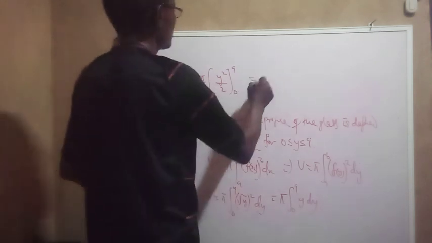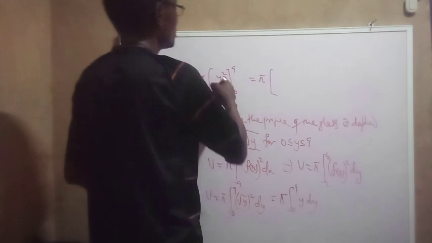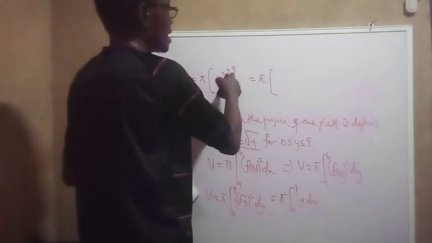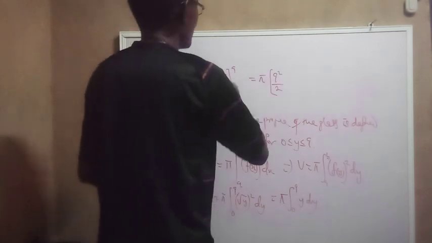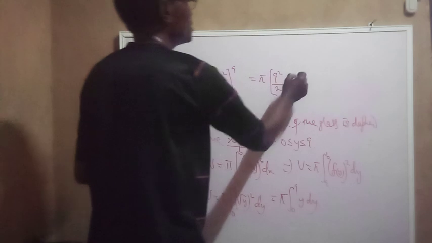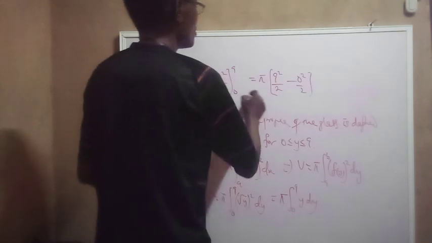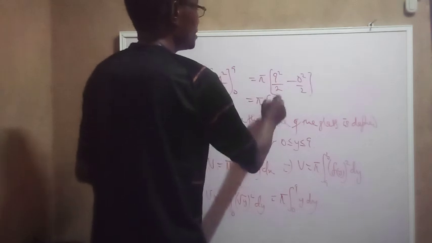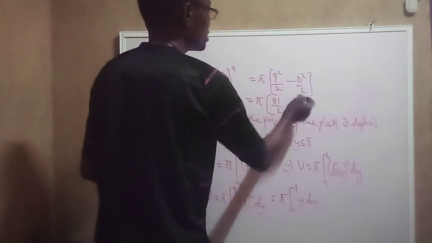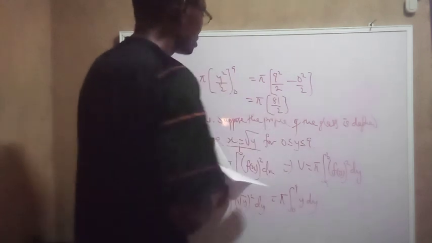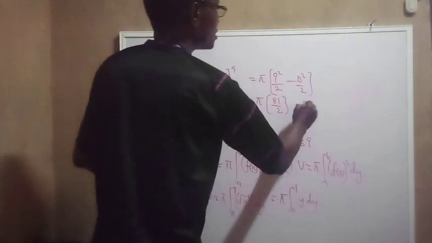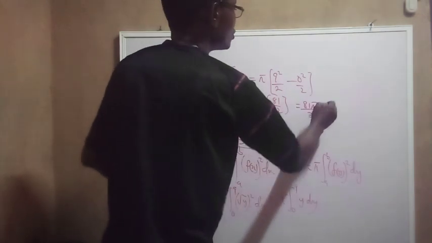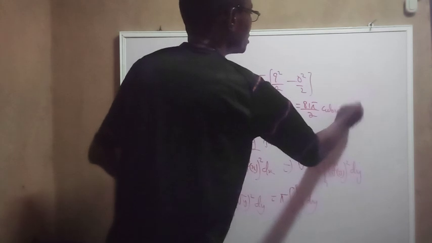So we have pi times 9 squared all over 2, minus 0 squared all over 2. That will be pi multiplied by 81 all over 2, which is going to be 81 pi all over 2 cubic units.